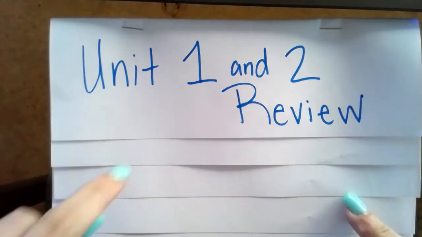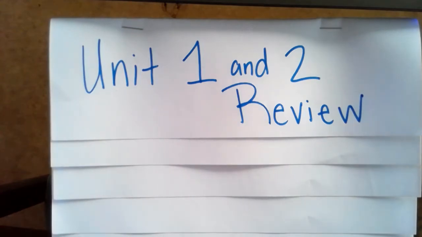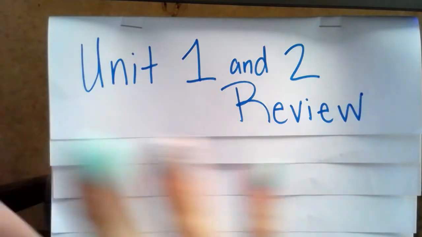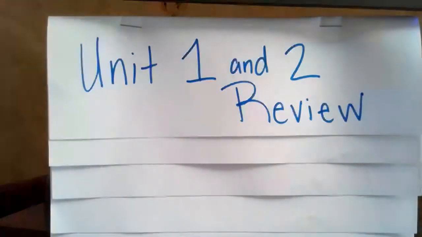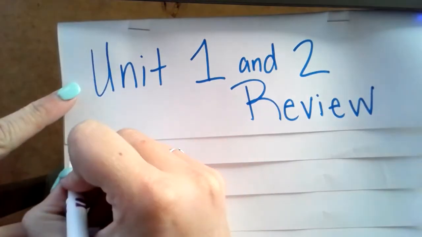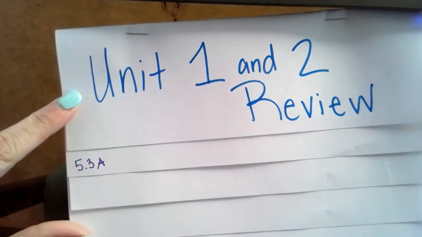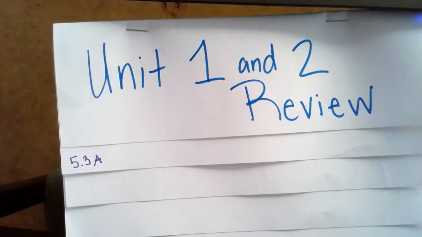And then each one of these sections, or tabs right here, pieces of paper down, are going to be different sections. And so we're going to do 2 a day. So the first one, I would like you to write right here in the corner, 5.3a. And what that means is to estimate, add, subtract, multiply, division problems.